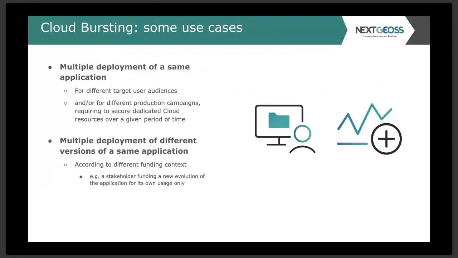Another kind of use case is that you need to perform multiple deployments of different versions of the same application, simply because you will control the audiences of these different versions, for example, according to different funding contexts. So a stakeholder is funding a new evolution of the application, and you want to deploy it for the intended audience of this stakeholder.